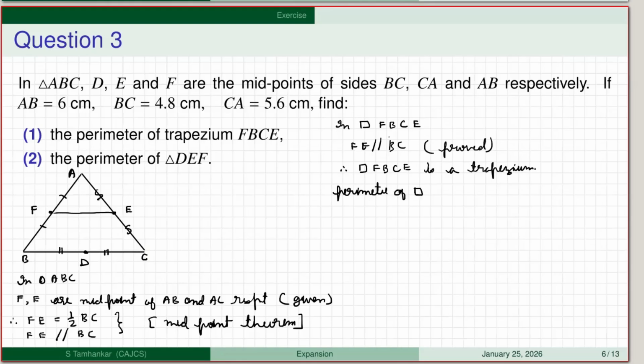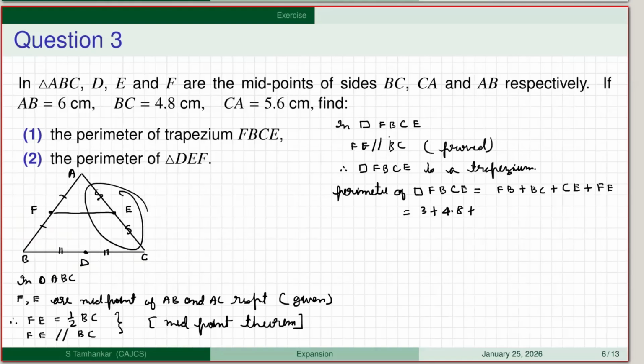So perimeter of quadrilateral FBCE is equal to FB plus BC plus CE plus FE. So FB, students, is half of AB, and AB is 6, so that will make it 3. Then BC's length is also provided to us, that is 4.8.